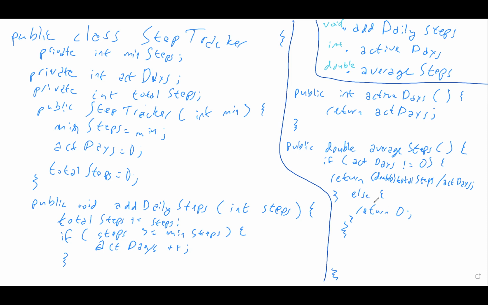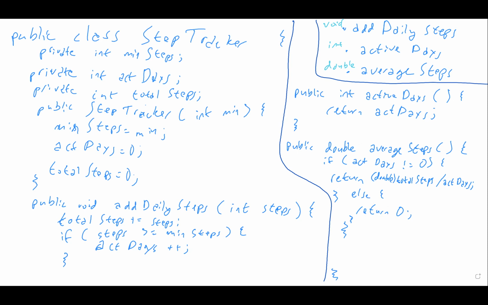That'll return it as 0.0, and it'll implicitly cast that int 0 to a double. So Java will happily handle putting a 0.0 at the end of any int. Okay, and there we go. There is our StepTracker class. I feel like that accomplishes every goal that we have there.